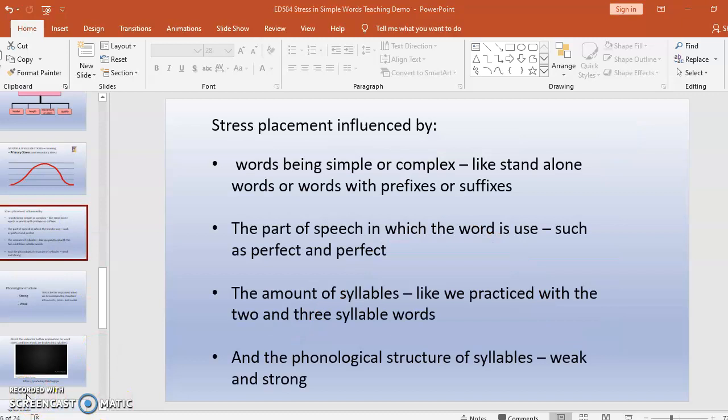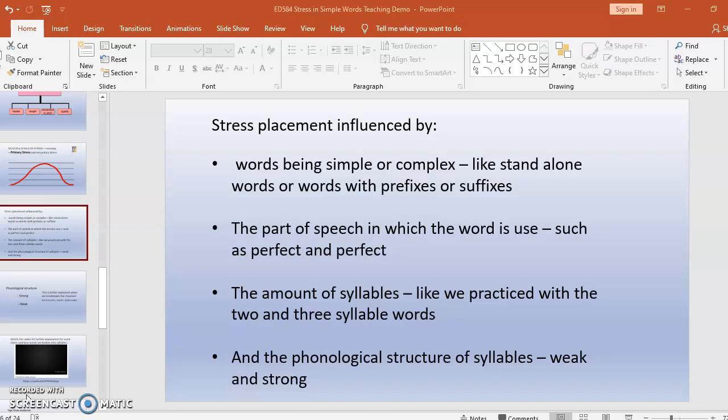Okay, so stress placement is influenced by words being simple or complex, like standalone words or words with prefixes or suffixes, or compound words, words that have two different sections so that it's one big word. So these words will have multiple stresses.